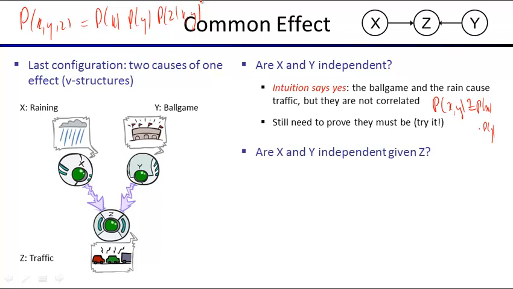How about when z is given? Are x and y still independent when you get to observe z? Let's think about this. Let's say you have no observations so far. You're asked about whether it's raining or not. Somebody tells you there is a lot of traffic.